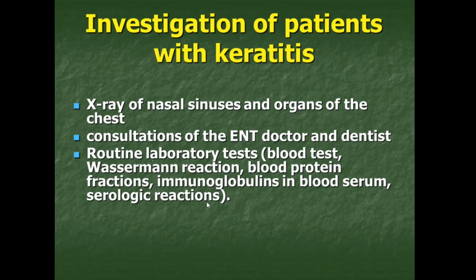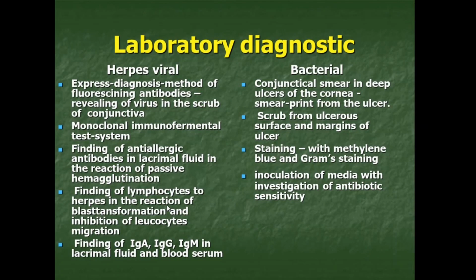We should send such a patient for a check-up to the ENT doctor and dentist and make routine laboratory tests. Of course, we should try to find the infectious agent I have already mentioned, and we should take samples from the conjunctival sac to try to find the cause. Is it viral or bacterial?